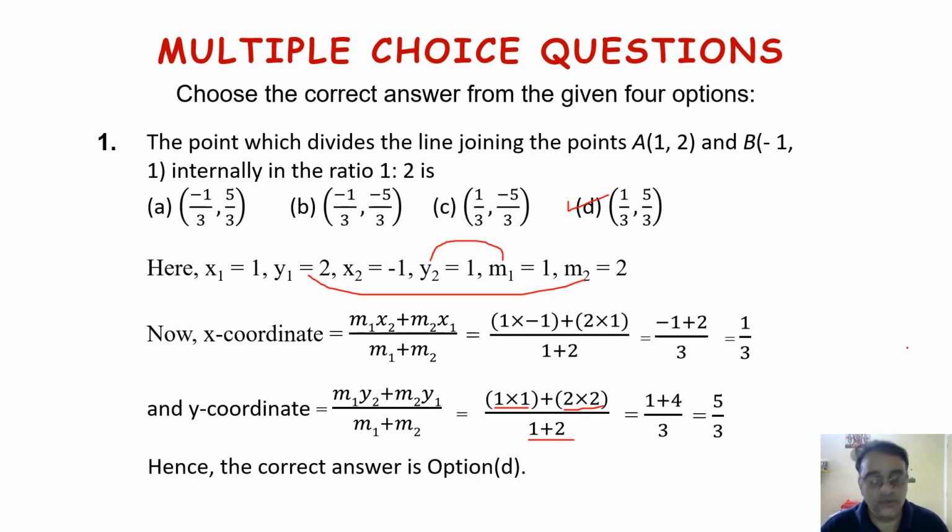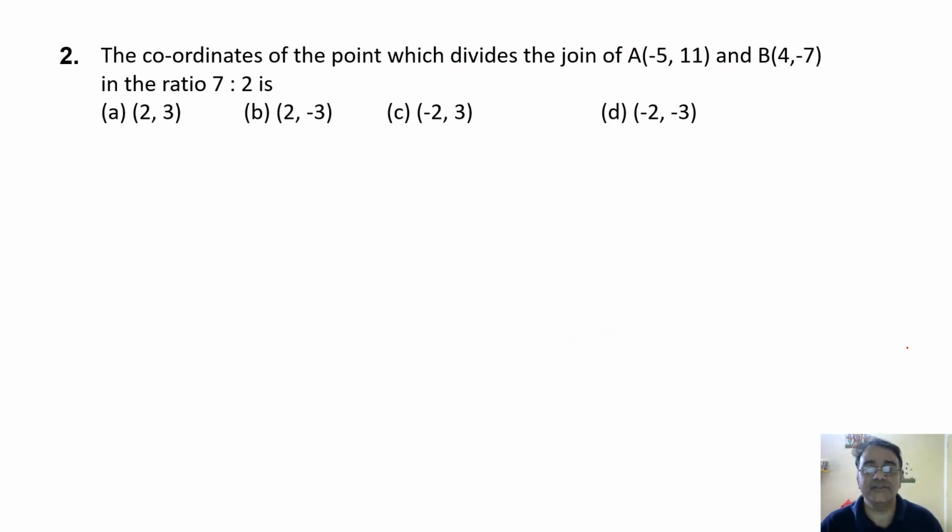Now we are moving toward question number 2. The coordinates of the point which divides the line joining of A (-5, 11) and B (4, -7) in the ratio 7:2 is. So here also we'll first write x1 y1, x2 y2 and m1 m2. So x1 y1 is -5 and 11, x2 y2 is 4 and -7, and m1 is 7 and m2 is 2.